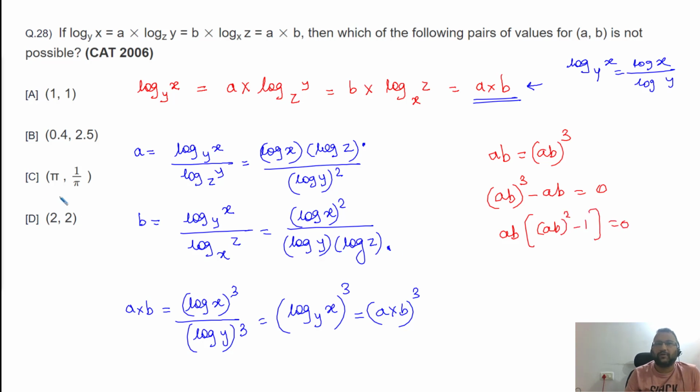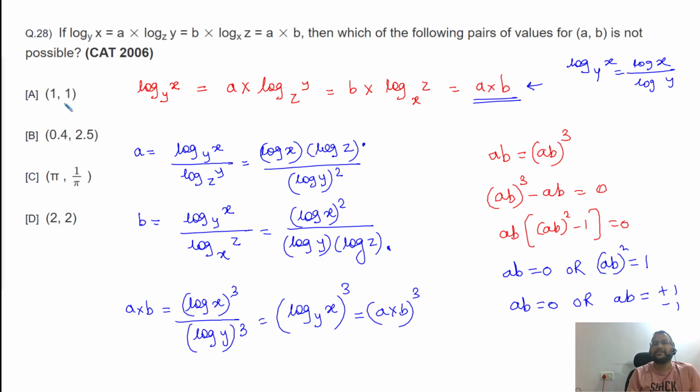So from this what we can conclude is that the multiplication a into b is equal to 0, or the value of ab bracket square is equal to 1. So the value of ab is equal to 0, or the value of ab should be plus 1 or minus 1. So let's check. Option A satisfies, a into b is equal to plus 1 over here.